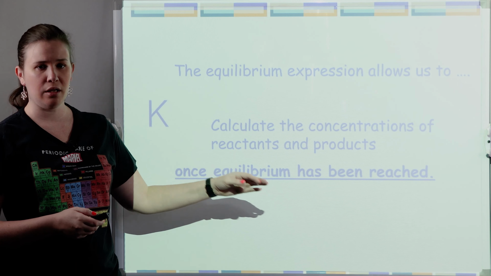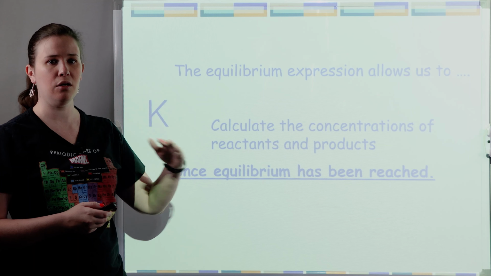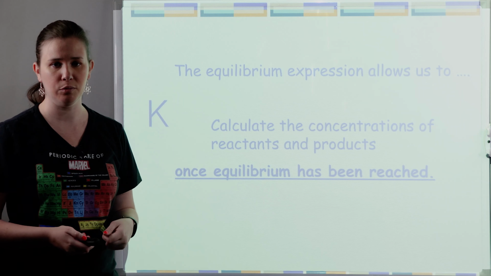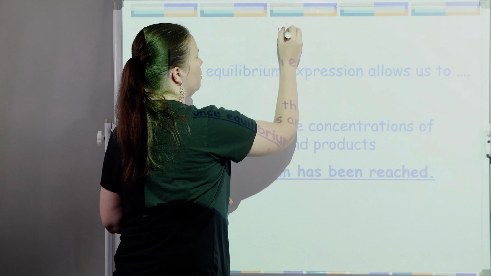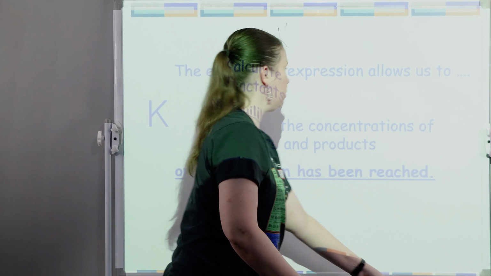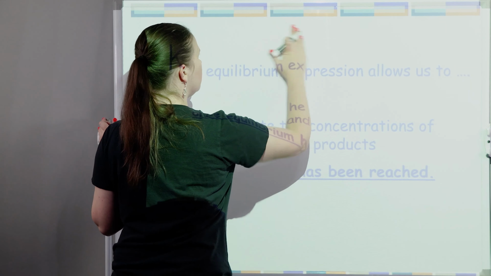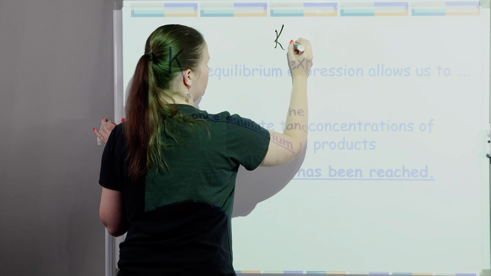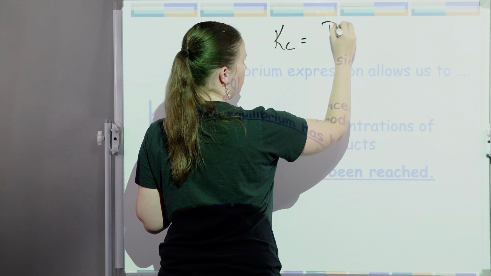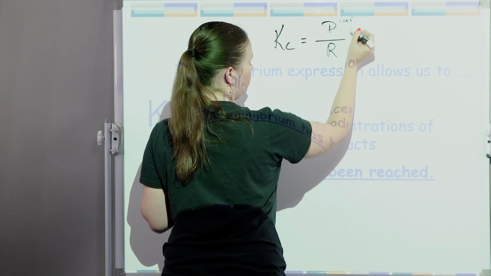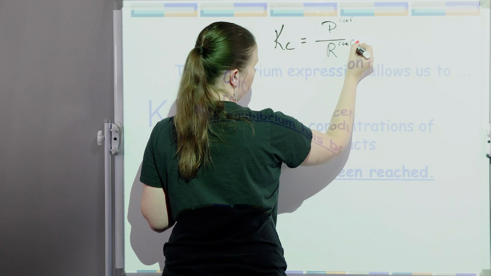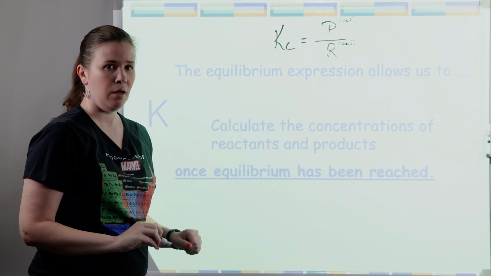When you calculate K, you're calculating that ratio at equilibrium. So actually, let me recap that formula for us with a marker that works. Kc equals product over reactant, where the coefficient is our exponent.